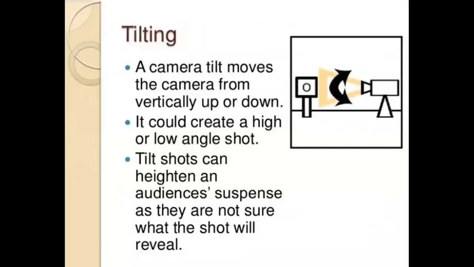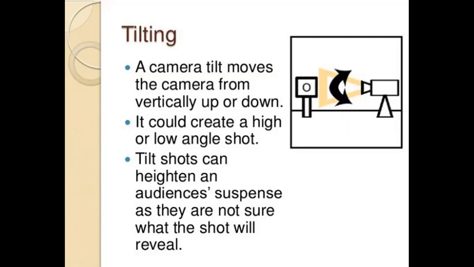Next, first, a camera movement that is tilting. We can tilt up, we can tilt down. You can see the diagram here. Vertical movement of the camera angle is called tilting.